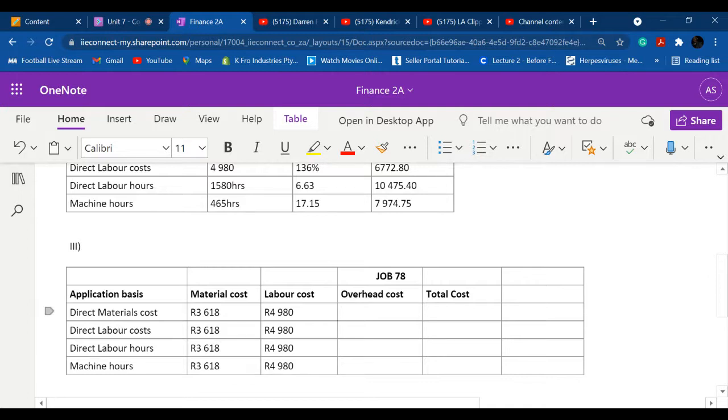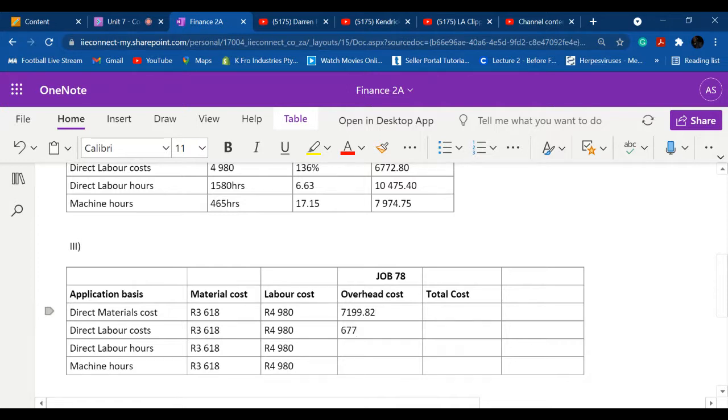So you guys wrote it down. What was our direct materials overhead cost? Calculate up top in the third part that we did. 7,999.80. Thank you, sir. Right.